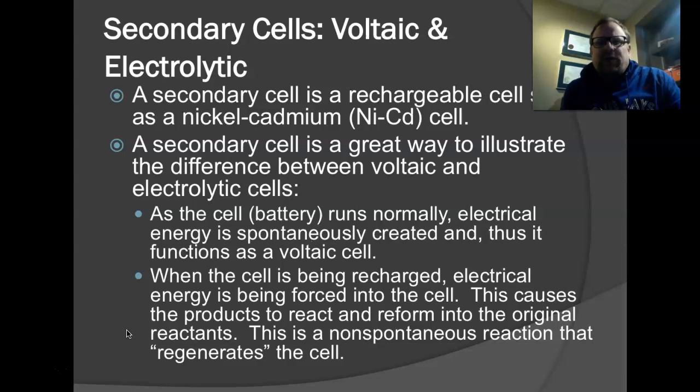And the difference between the two things is that a regular battery is only designed to be run down until it can no longer carry a charge anymore. In other words, we've moved all of the electrons effectively over from the anode to the cathode.